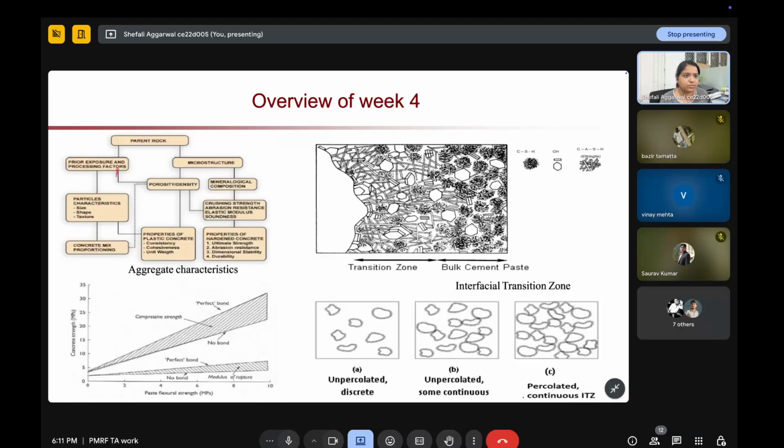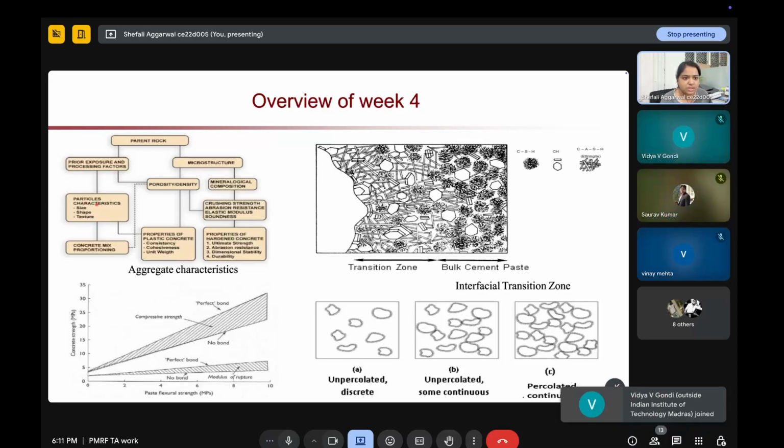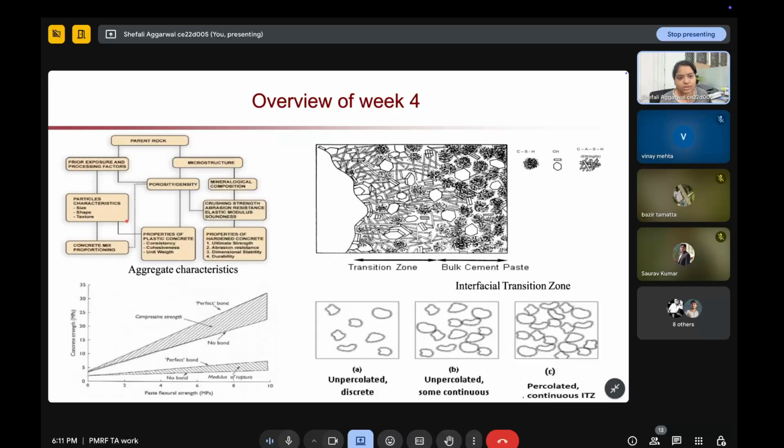First and foremost is prior exposure and processing factors. So its shape, texture, size, and then its porosity, density, and how they affect the properties of the concrete. If it has more pores, it will absorb more water, the water absorption properties, all those things. Then the second thing is its microstructure property.